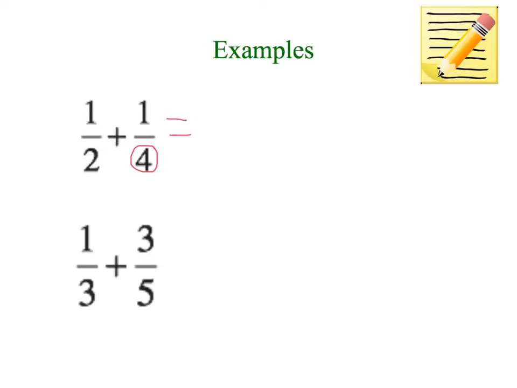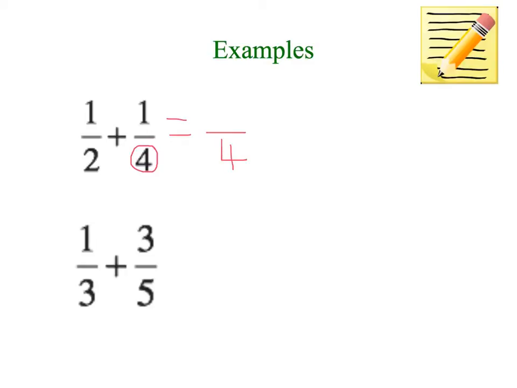So to do that, we have to work out what we did to the 2 to get to quarters. So we times 2 by 2, didn't we? To get to 4, to get to quarters. So when we're changing this into quarters, what we do to the bottom, we have to do to the top.